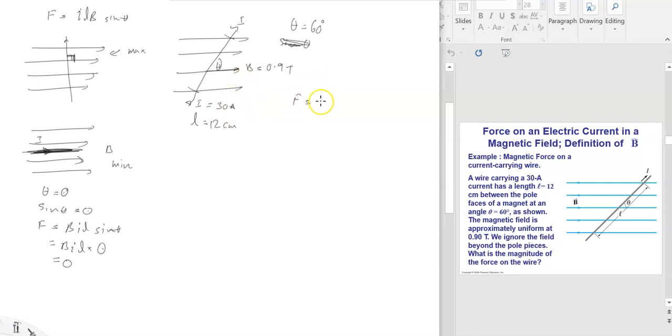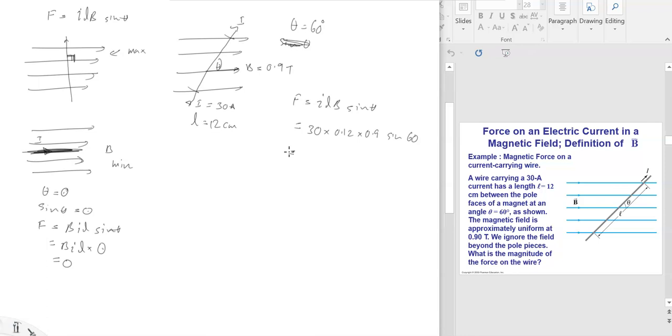F equals ILB sine theta: 30 times 12 centimeters, 0.12, magnetic field 0.9, sine 60. So take the calculator, do the math.